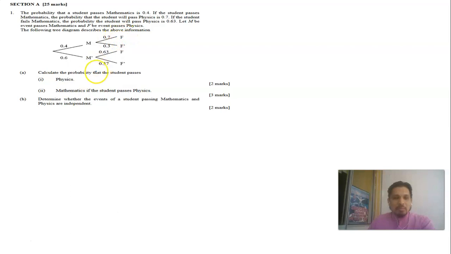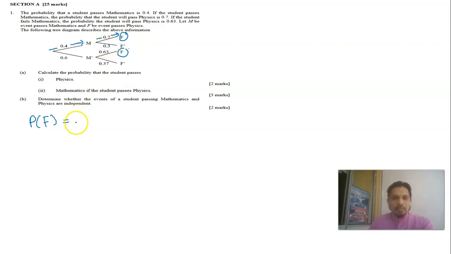So we are taking both. The question doesn't mention whether the student passes maths or not, so the student passes physics here and also here. So the probability of the student passing physics equals, first, you go through the branch for passing mathematics, which is 0.4, here and here.